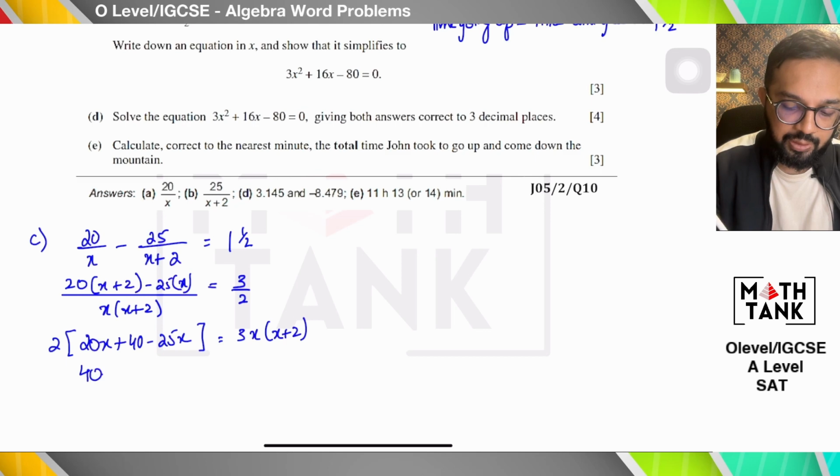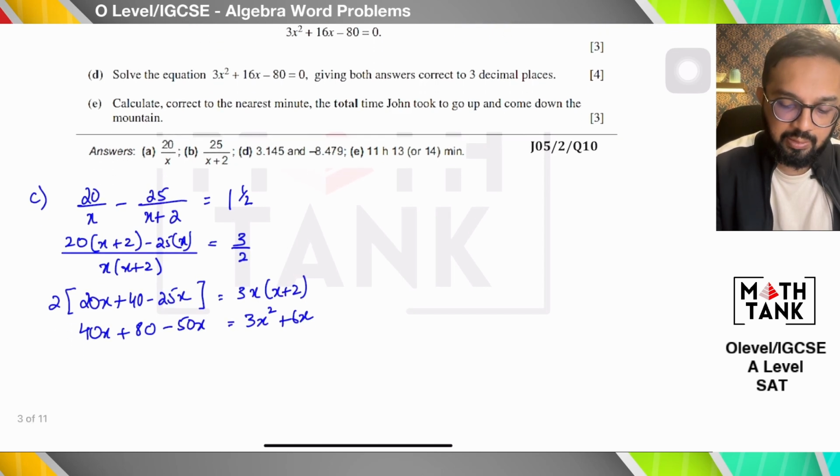So I get 40x plus 80 minus 50x equals 3x squared plus 6x. Adding and subtracting things together, that's a minus 10x on the left hand side. So I'm going to bring that here and say that this becomes plus 10x and minus 80. Do I have the right answer? Yes, I have the right answer.